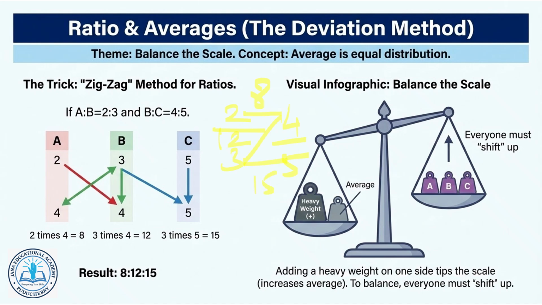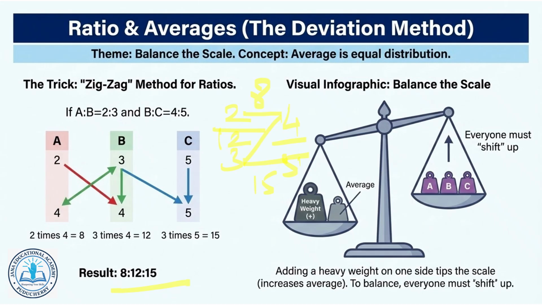So 8, 12, 15 is the answer. So whenever A is to B 2 is to 3, B is to C 4 is to 5 is given, write down 2 by 3, 4 by 5, then in the zigzag manner, 2 into 4 is 8, 4 threes are 12, 3 into 5 is 15. In that manner you can write.